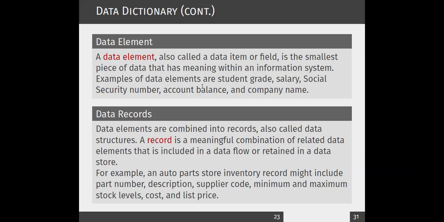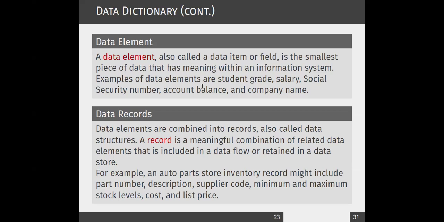Okay, so if you start with defining what data elements are, that will be the smallest piece of information when you talk about an information system. For example, if you take student grade or salary or social security number, something like a national identity card number, account balance. Those are what we call the data elements, like fields in a database table.